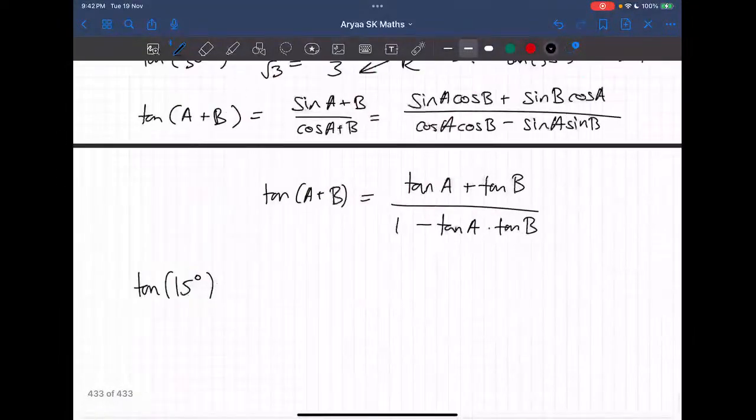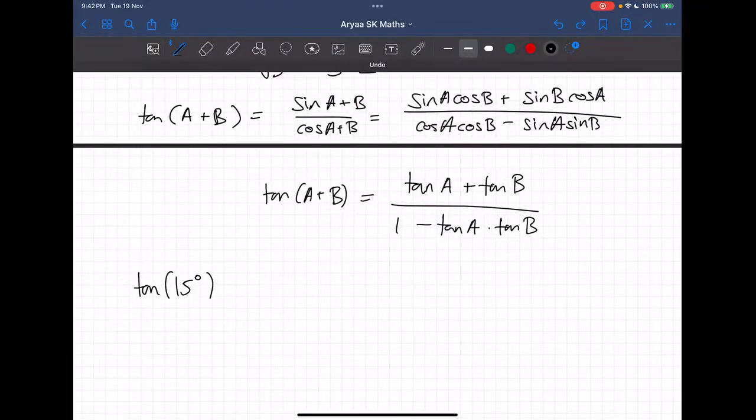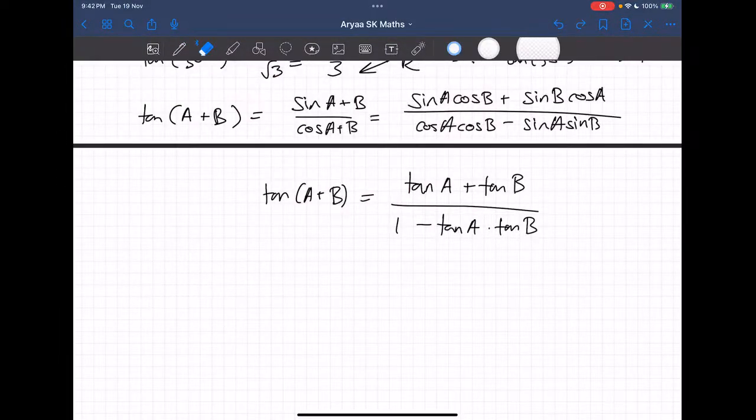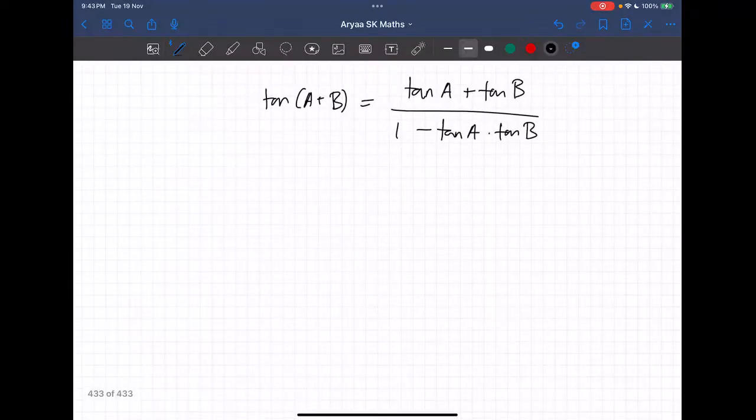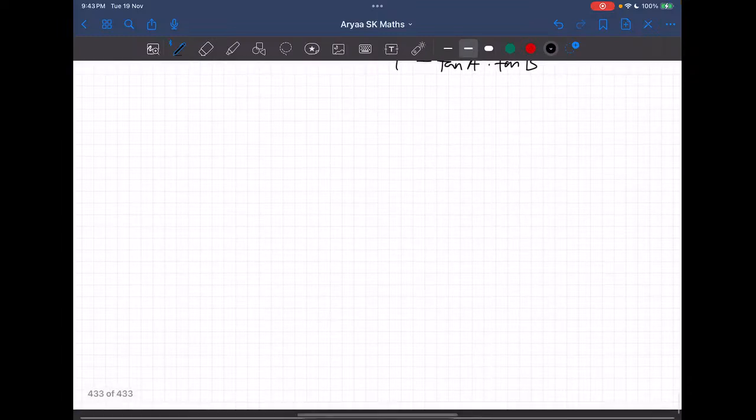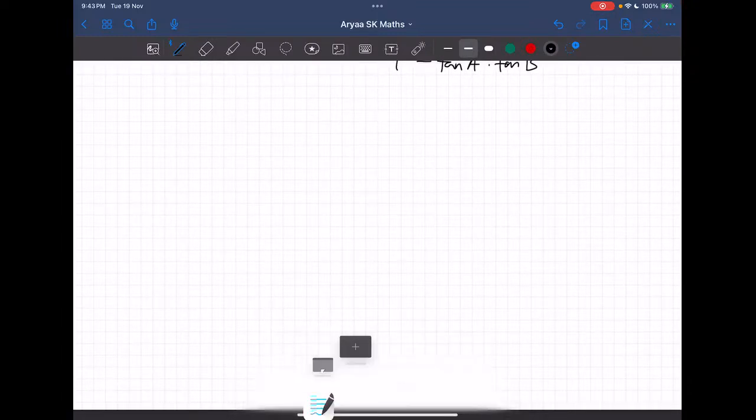We just keep using the addition formulas until we get to tan of 30, and we could show that tan of 30 would be rational if tan of 1 was rational. That's a contradiction, so therefore tan of 1 must be irrational.